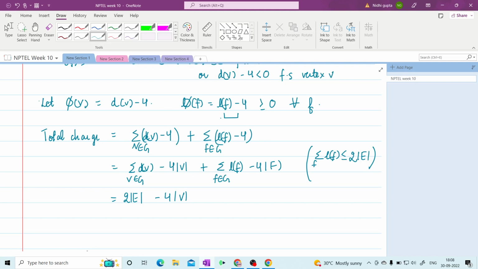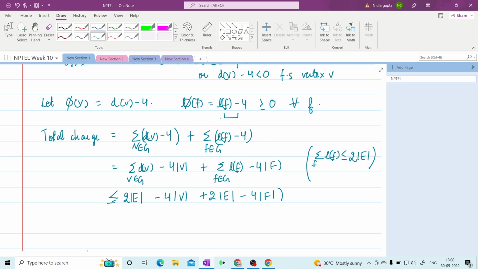So we get that this is less than or equal to 2 times edges minus 4 times vertices plus 2 times edges minus 4 times the number of faces.